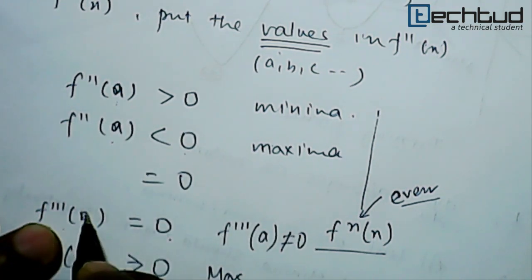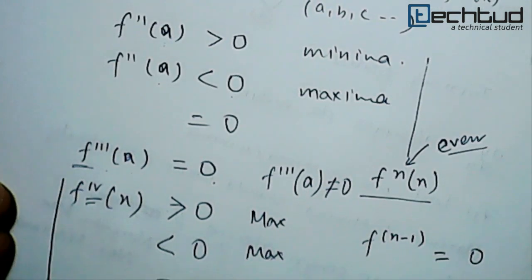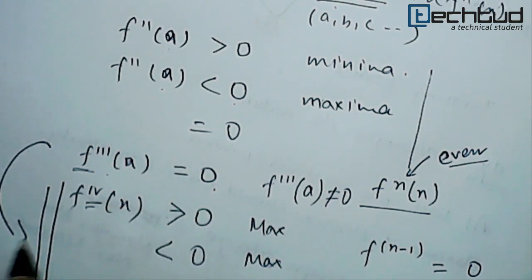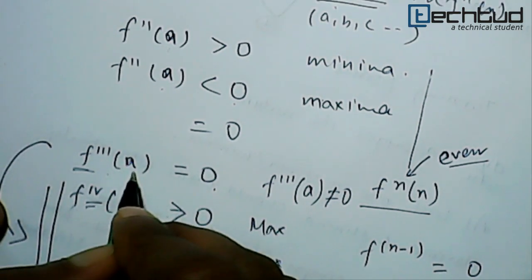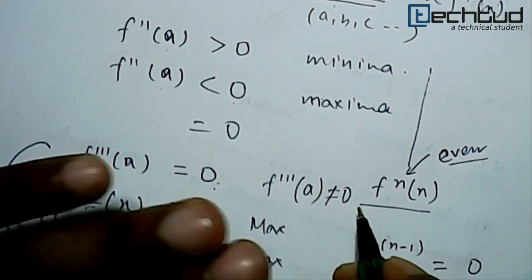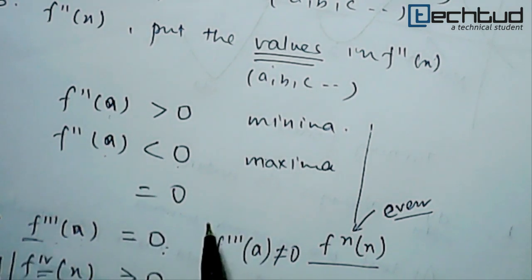Then again we will put the value of a. So if f3(a) is equal to 0, then we will go ahead and find f4, and f4 will be the deciding factor. We will go to f4 only if f3(a) is equal to 0. If f3(a) is not equal to 0, then we will conclude and say that a is neither a point of maxima nor a point of minima.